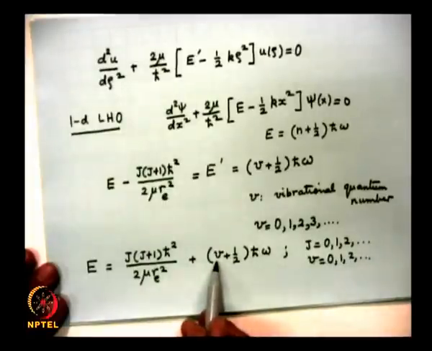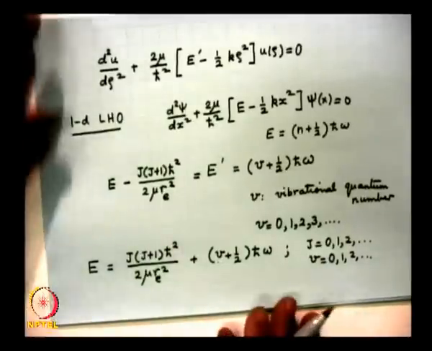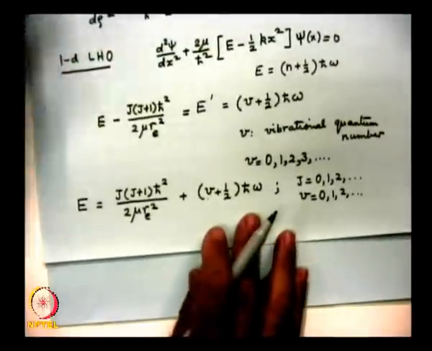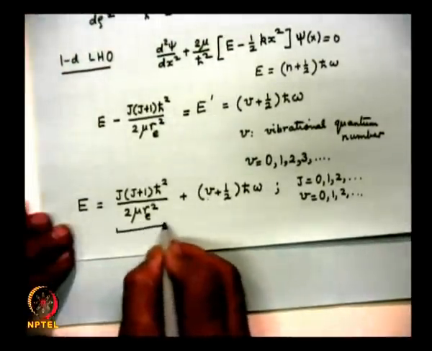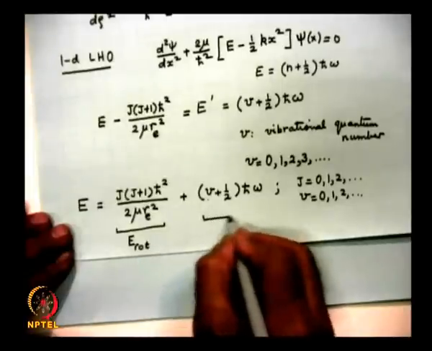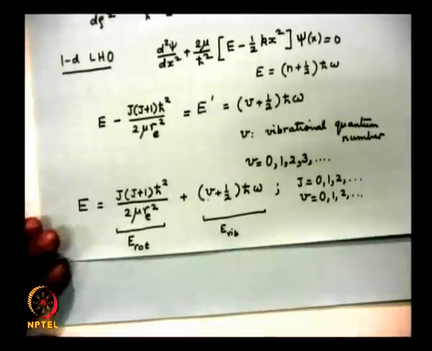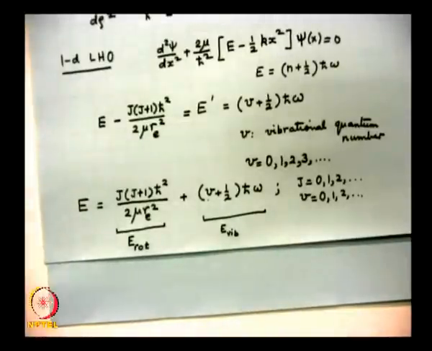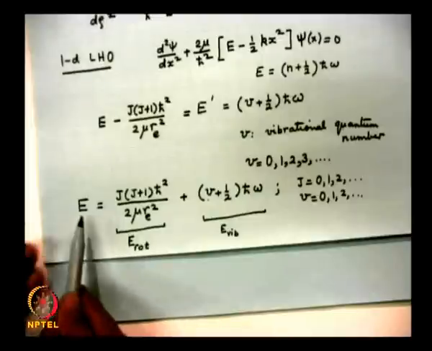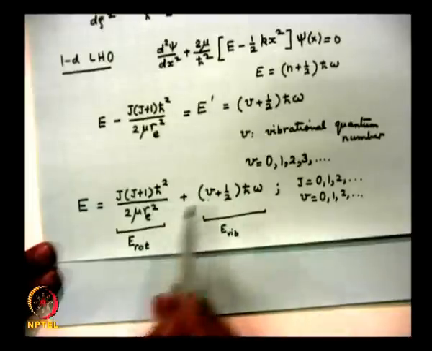This is the vibrational quantum number V, and j is the rotational quantum number, and some books write this as E rotational energy and this as the vibrational energy, E rot and E vib. So, this is a very important expression that we have derived. The energy of a diatomic molecule consists of a rotational part and a vibrational part.